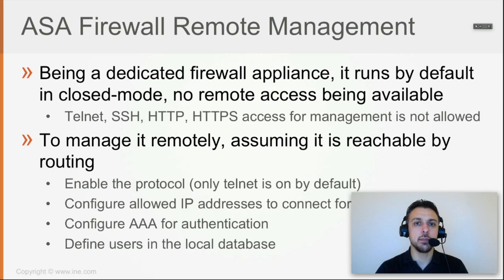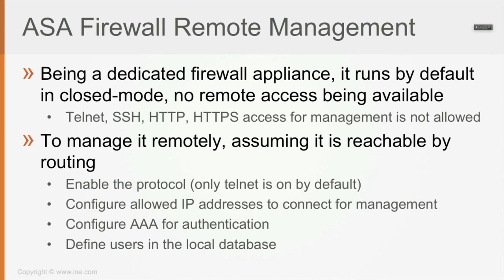So ASDM cannot be used to build centralized firewall policies for hundreds of devices. You can manage multiple ASAs, but only independently. You cannot configure centralized policies and deploy them to all of your firewalls using ASDM. For that purpose, Cisco has another product called CSM, or Cisco Security Manager.